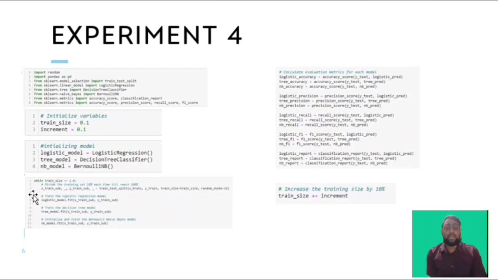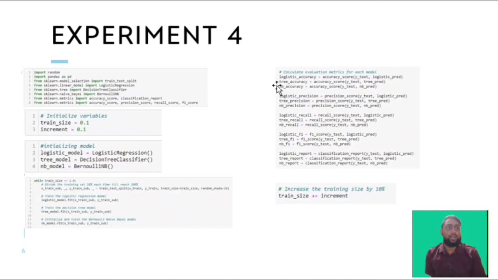I call the training set from the previous experiment, and then use the training set by increasing 10% each time. Then I will train the model. Since there was no space to explain all the experiments that were carried out, for this experiment I'm just going to explain the accuracy.